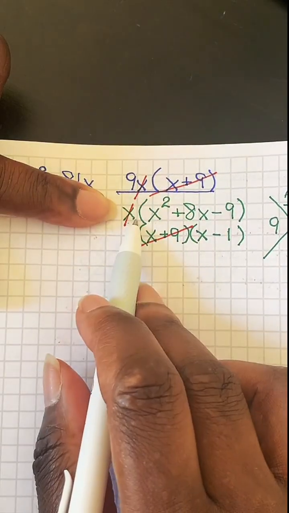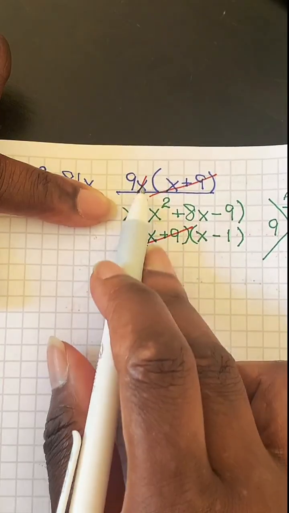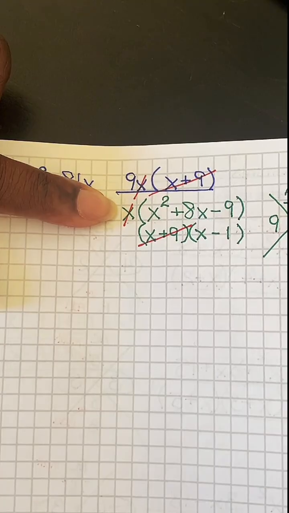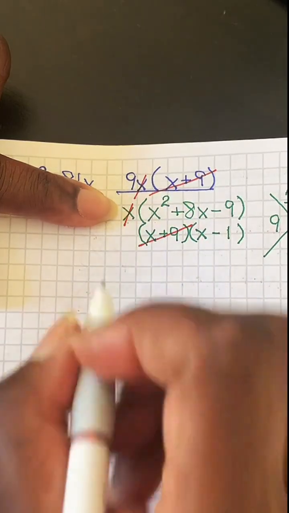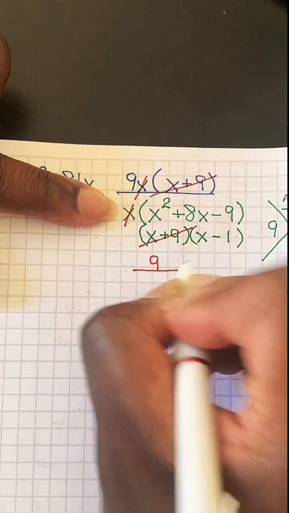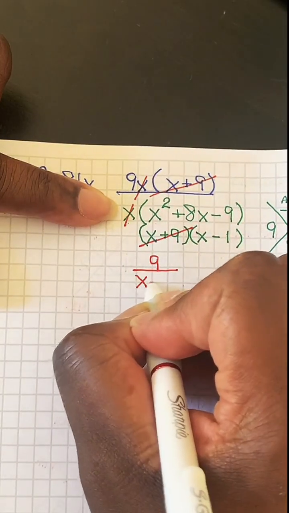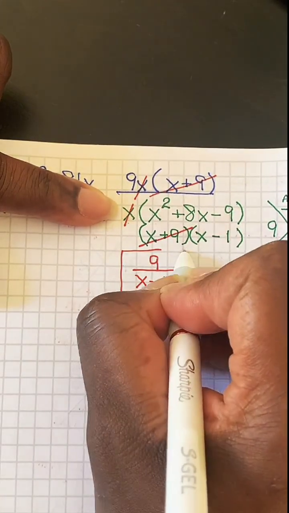They're outside the parentheses, so they can be simplified. They can cancel as well. So what's left over is, if I take a look, we only have the 9 that's here. In the denominator, what's left over is the x minus 1. And that's your answer.